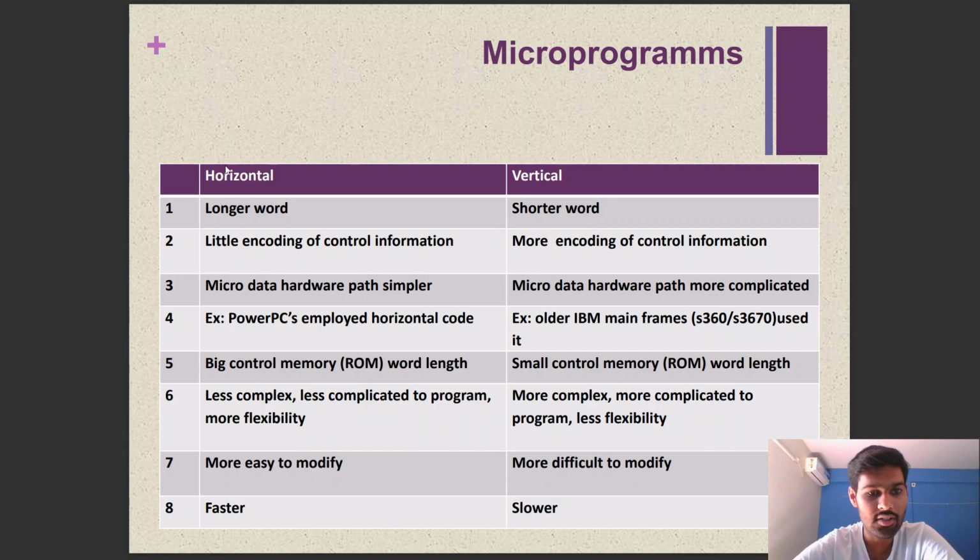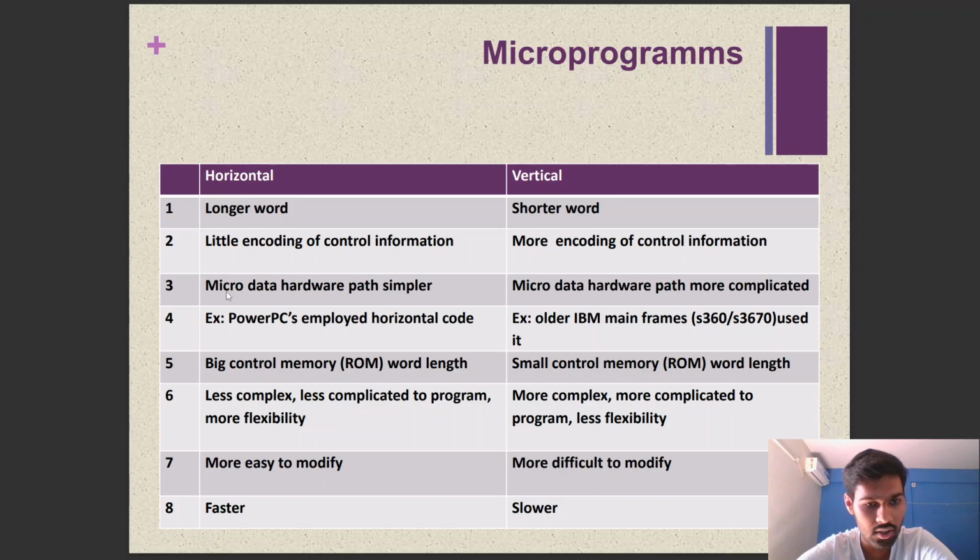Difference between horizontal and vertical code. In horizontal we have a longer word, and on the other side we have a shorter word. Horizontal has little encoding of control information, vertical has more encoding of control information.